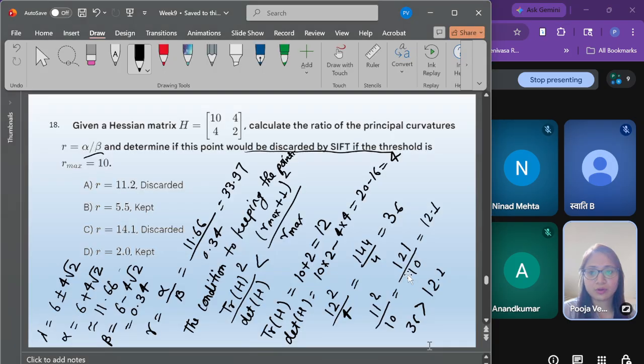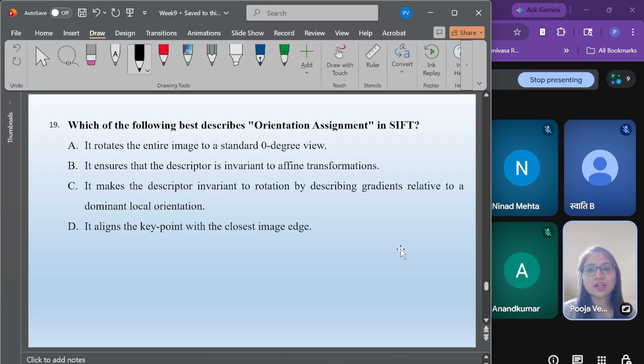Okay. So now moving to the next, two more questions are there. The next question is, which of the following best describes orientation assignment in SIFT? Option A, it rotates the entire image to a standard 0 degree view. Option B, to ensure the descriptors are invariant to affine transformation.